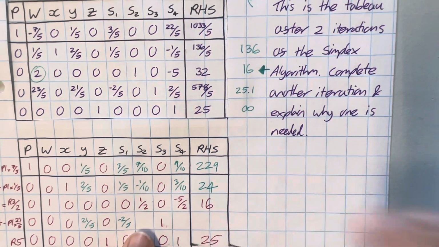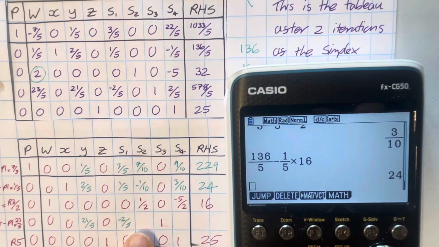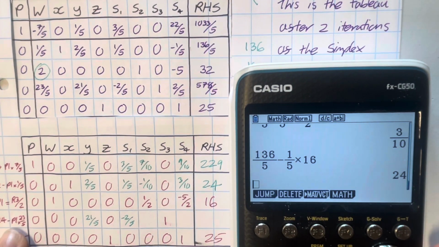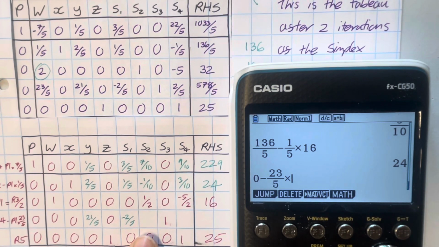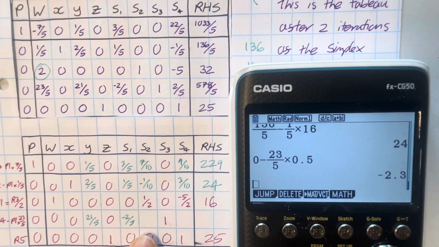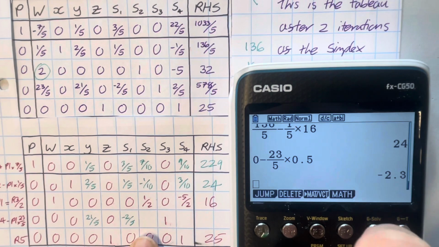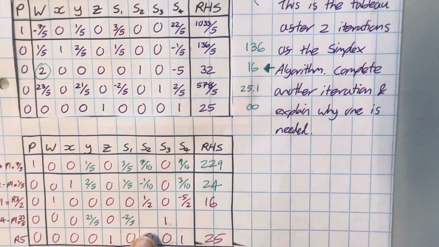All right, and last row to do, row 4 down here. So it's row 4, subtract 23/5 times the pivot. So row 4 was a 0. Subtract 23/5 times the pivot, and the pivot was a half. So that's minus 2.3. Which is not what I got over there.